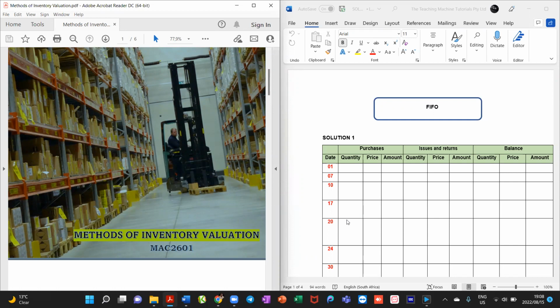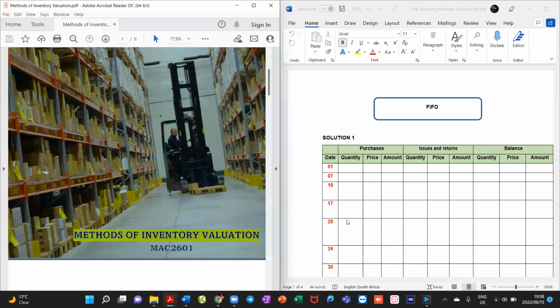There's LIFO, last in, first out. There's the weighted average method and the specific identification method. But according to the MEC 2601 module guide, you will be covering FIFO and weighted average method.